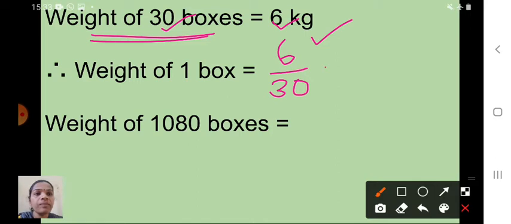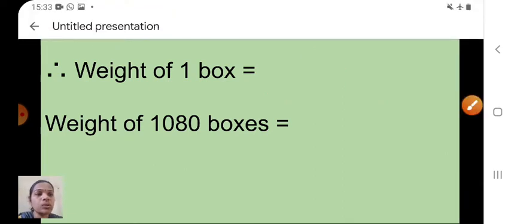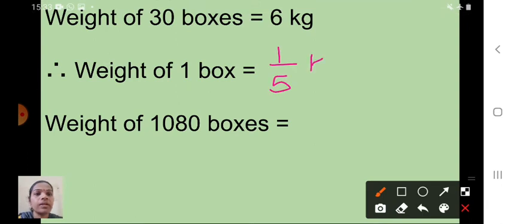So here 6 upon 30, yes, 1 6 are 6, 5 6 are, very good, 30. So weight of one box is equal to 1 upon 5 kilogram. Understood children? Yes. So weight of one box, now we got the answer, that is what? 1 upon 5 kilogram.